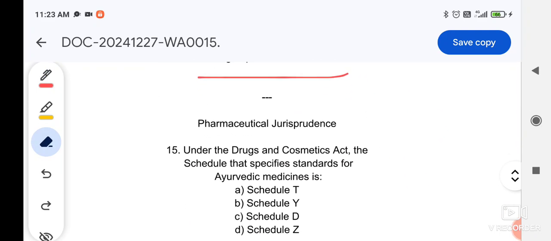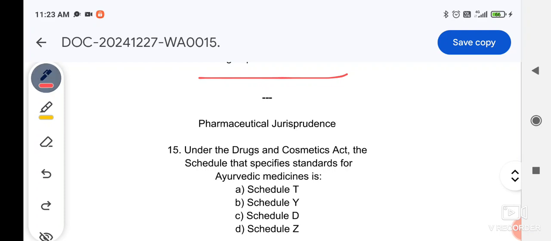Then pharmaceutical jurisprudence. This is a law subject, and it's a very important subject for GPAT or drug inspector or pharmacist exams. Everywhere the questions come from these schedules.